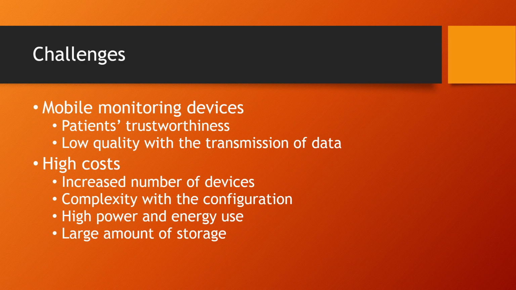And if they're not wearing them, then it can cause an error with the data or misread data. And then it can also cause a low quality with the transmission of the data. And that can be from any interference going from the patient's house to the healthcare building.